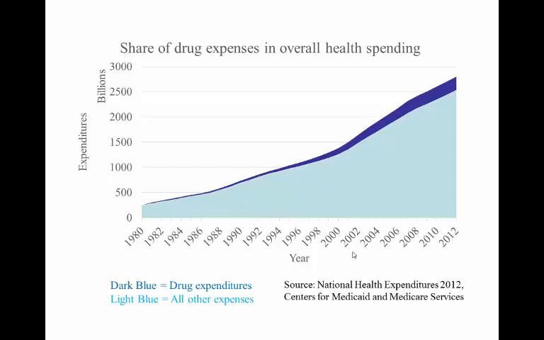The scale on the left is in billions of dollars, so as you can see, we are now closing in on spending $3 trillion a year on healthcare. The dark blue area is the portion of spending that goes to drugs, and the light blue area is everything else. As you can see again, the role drugs play in overall healthcare costs has been steadily increasing.